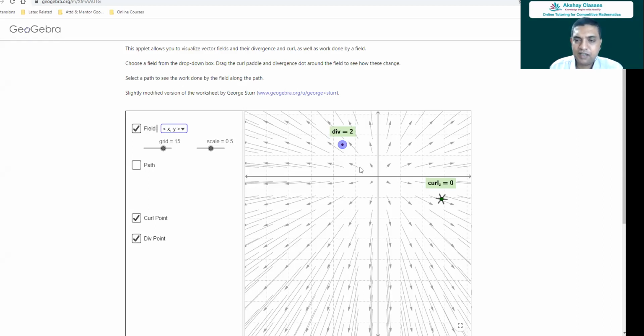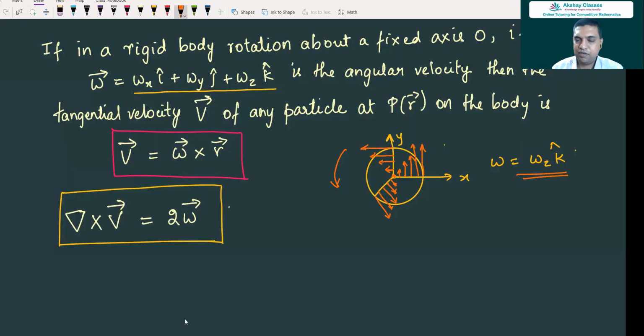So you see, this is the divergence, and this is the curl. Now, at any given point, the divergence is fixed. And at any given point, the curl is 0.